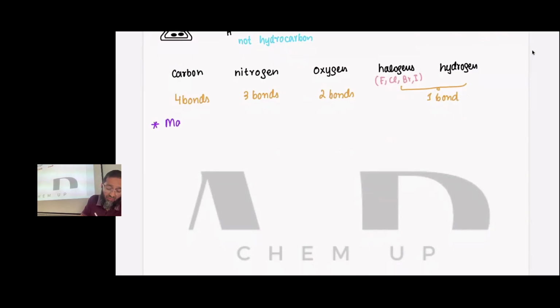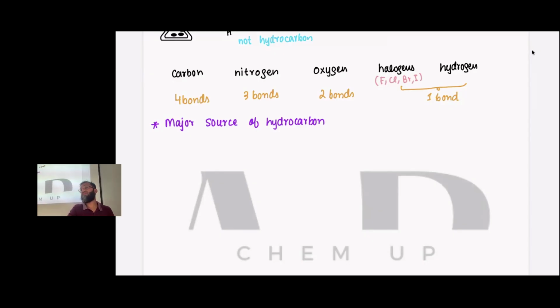Now, what is the major source of hydrocarbons? It's the source of carbon. Yes, blast furnace, we extract iron in the blast furnace. But what is the major source of hydrocarbon? Crude oil, fossil fuels. Yes.